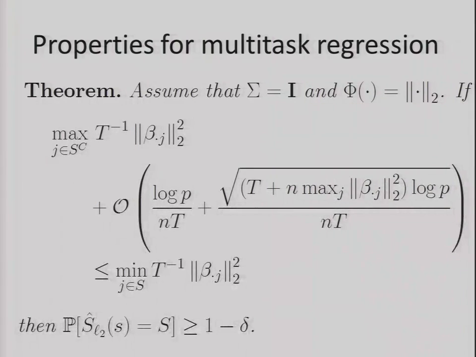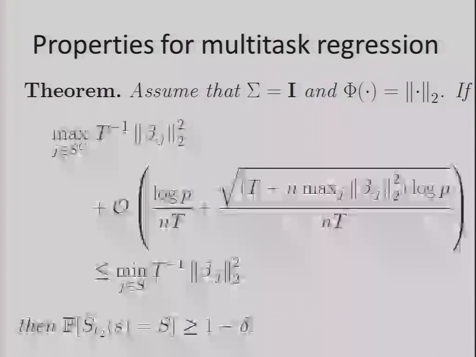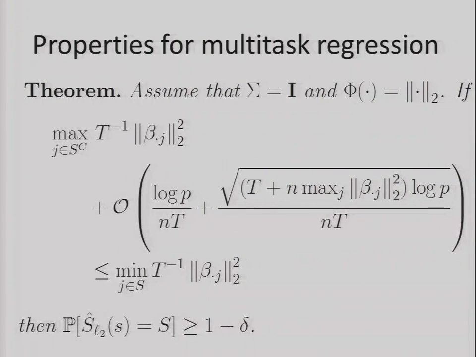Then we have the L2 norm of the true regression coefficients for irrelevant variables, plus this needs to be smaller than the minimum here. Essentially this quantity is equal to 0 for j in S complement. So we have some lower bound assumption on the set of relevant regression coefficients.